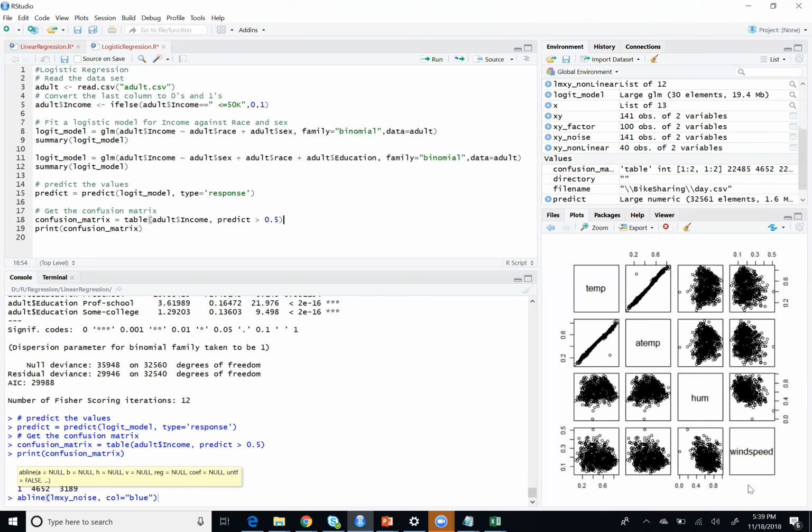Assuming their scoring pattern is linear. If not, you will use a polynomial regression. If their scoring pattern is up, down, up, down, if it doesn't follow a linear pattern, then you use polynomial regression. But if you want to predict whether they are going to win or lose, you'll use logistic regression.